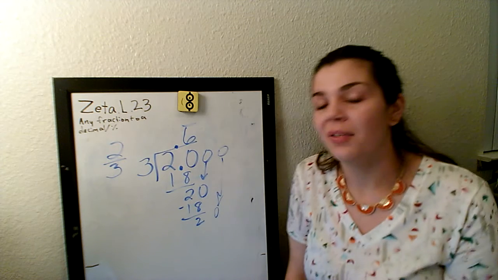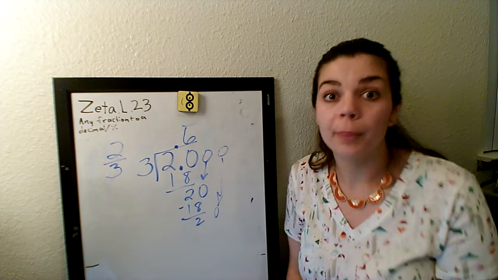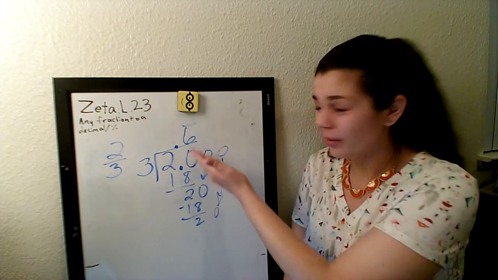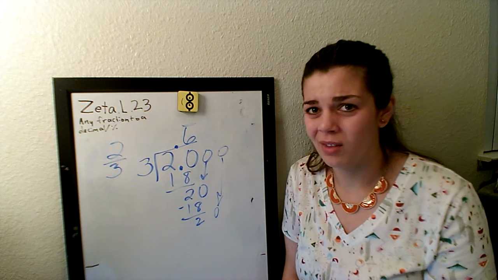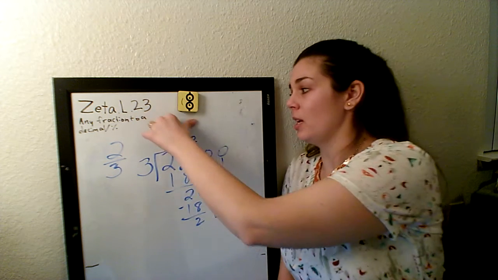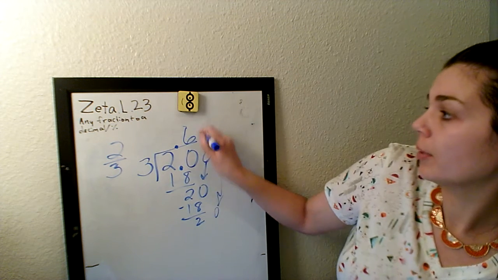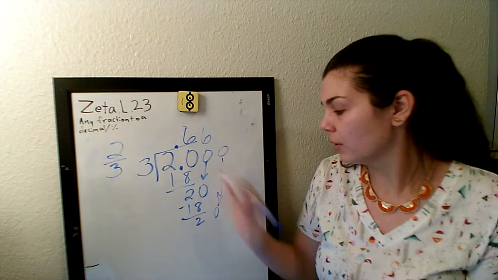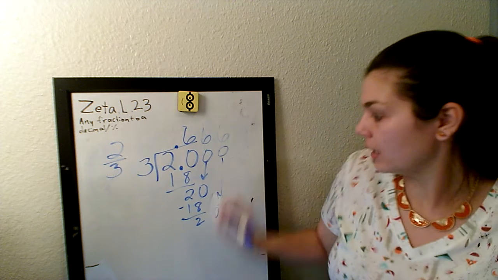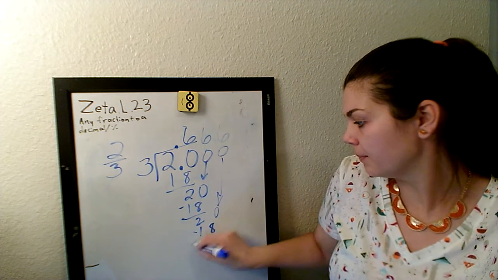But if they ask you for percentage, how could we write that as a percent? We're going to have to keep going. So right now we're at 0.66. And if I did it one more time, it would be 1 more 6, minus 18.